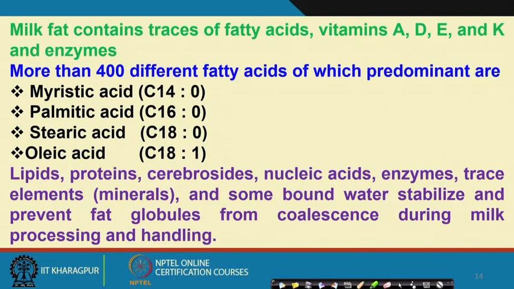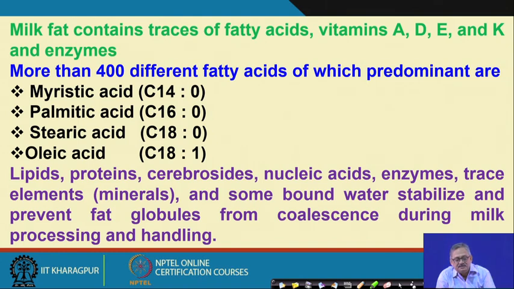Generally it is myristic acid C14:0, meaning no double bond, palmitic acid C16:0, no double bond, stearic acid C18:0, no double bond, oleic acid C18 with one double bond. More than 400 different fatty acids are there, of which the predominant ones are myristic, palmitic, stearic and oleic.